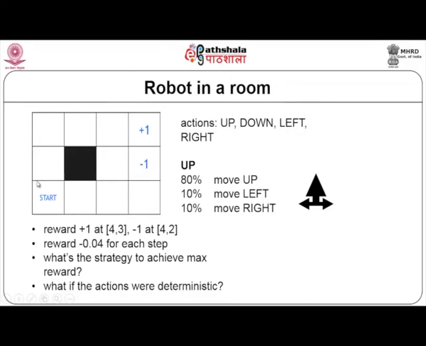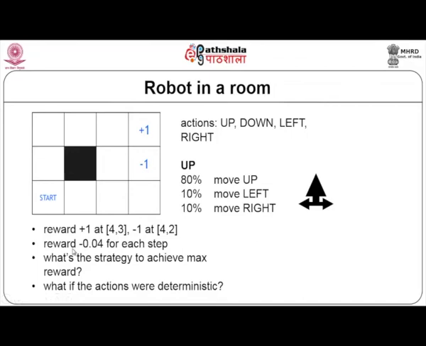This is 1,1, 2,1, 3,1 and 4,1; this is 4,2, this is 4,3, this is 4,1, this is 3,1, 3,2, 3,3 and so on. So, reward of -0.04 for each step.